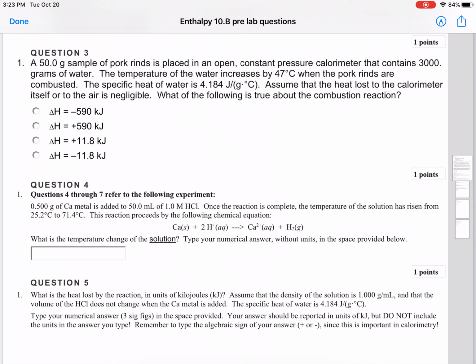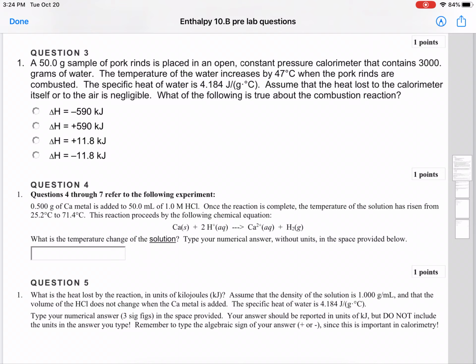So for water, it is absorbing the heat, so that is going to be positive enthalpy for the water. Heat gained by the water is positive because the temperature increased. But for the combustion reaction it lost heat, so the enthalpy would be negative for that.